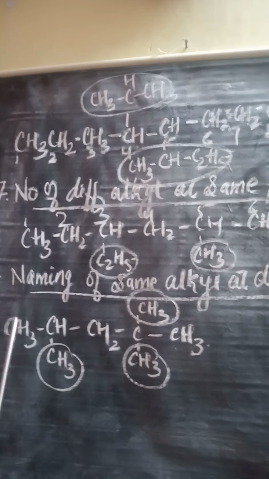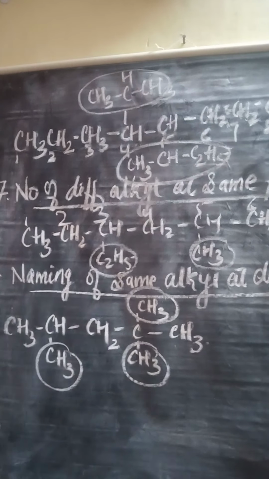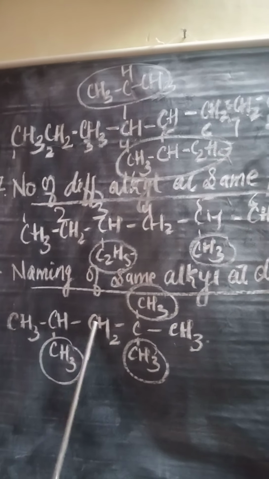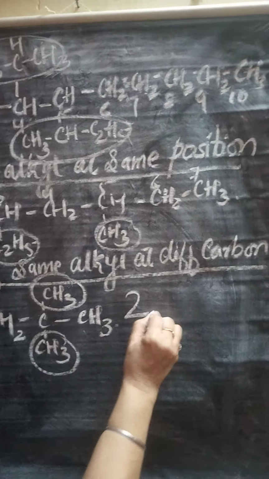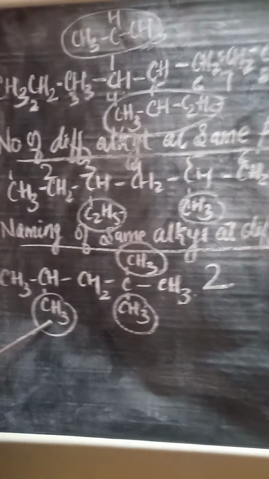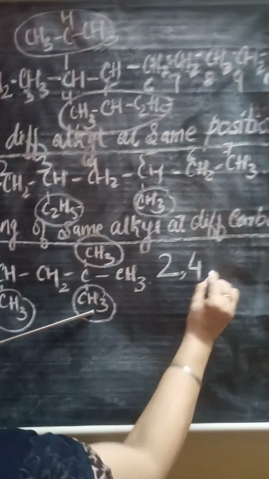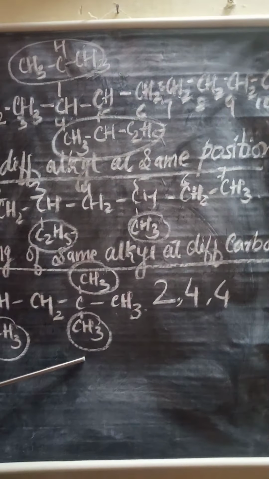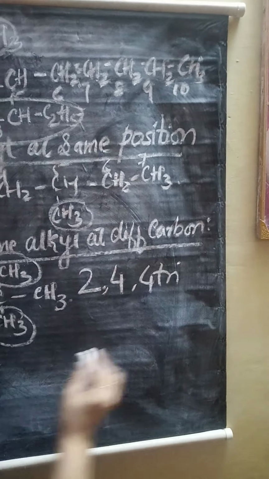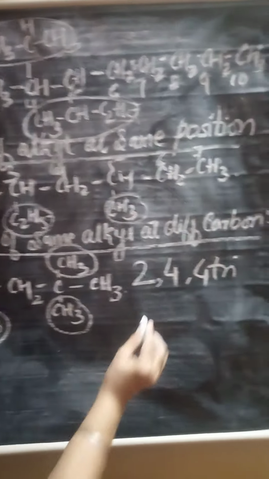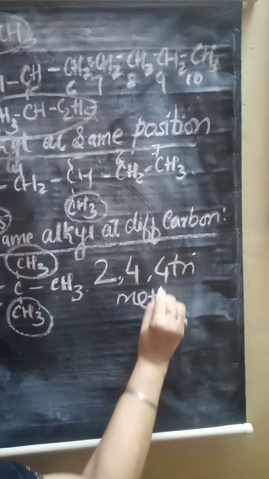When we number from this side, 1, 2, 3, 4. So we name it as 2. To the 2nd carbon, a methyl group is attached, and to the 4th carbon, 2 methyl groups are attached. 2, 4, 4 trimethyl, as 3 methyl groups are attached.